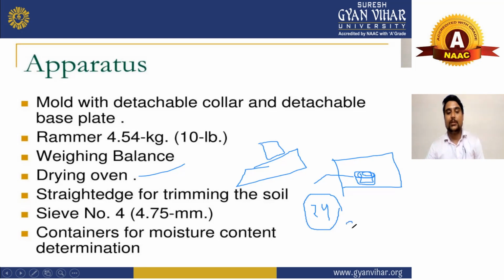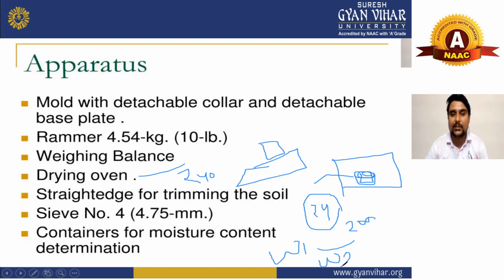First you take 200 gram of soil sample and take the initial weight, W1. Then you keep it for 24 hours in the drying oven, and take the weight again after 24 hours, which will be W2.